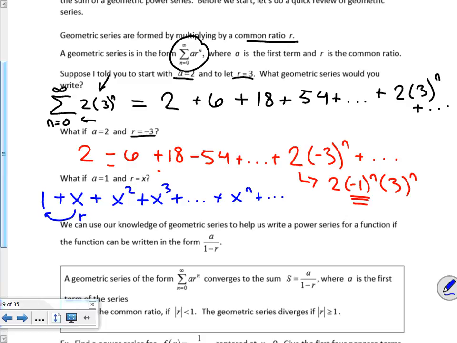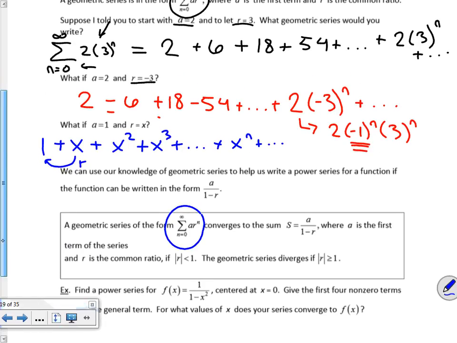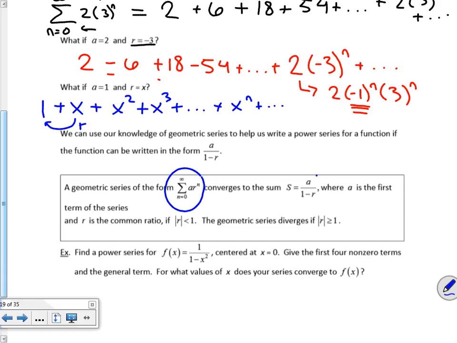Before, in Algebra 2, we were told that the sum of an infinite series can be found by using this formula. And hopefully that rings a couple bells. If not, maybe you've seen that formula before. It does appear on the SAT.